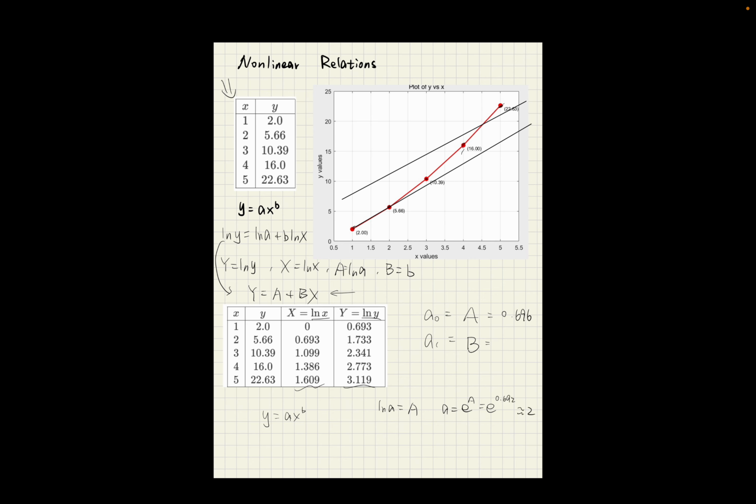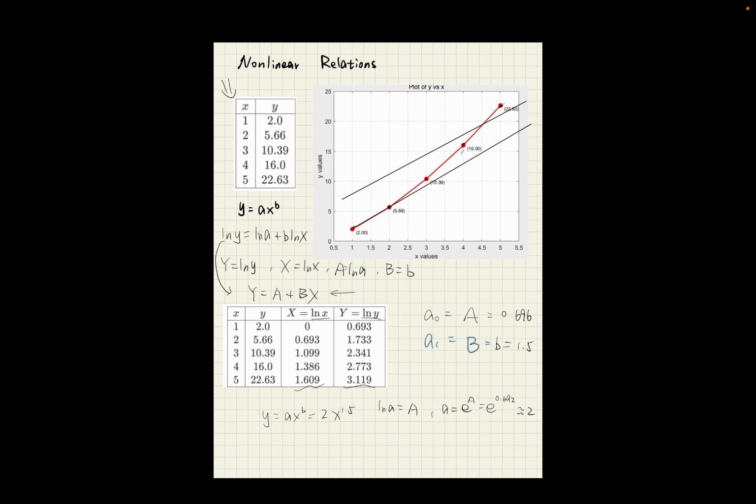This is the drawback when you compute all the things earlier and you forget which is which. Anyway, capital B is just b, and it is approximately 1.5. So the final result is 2 times x to the power of 1.5.